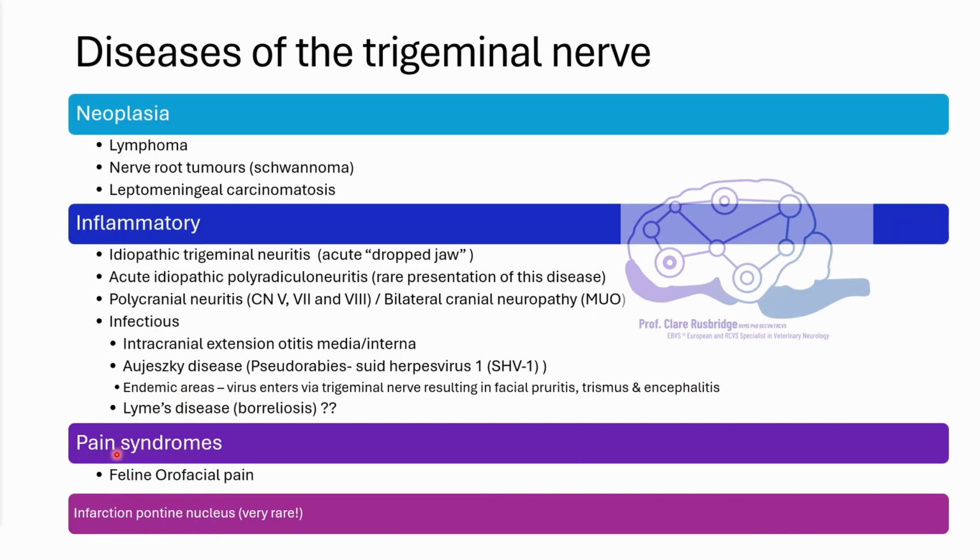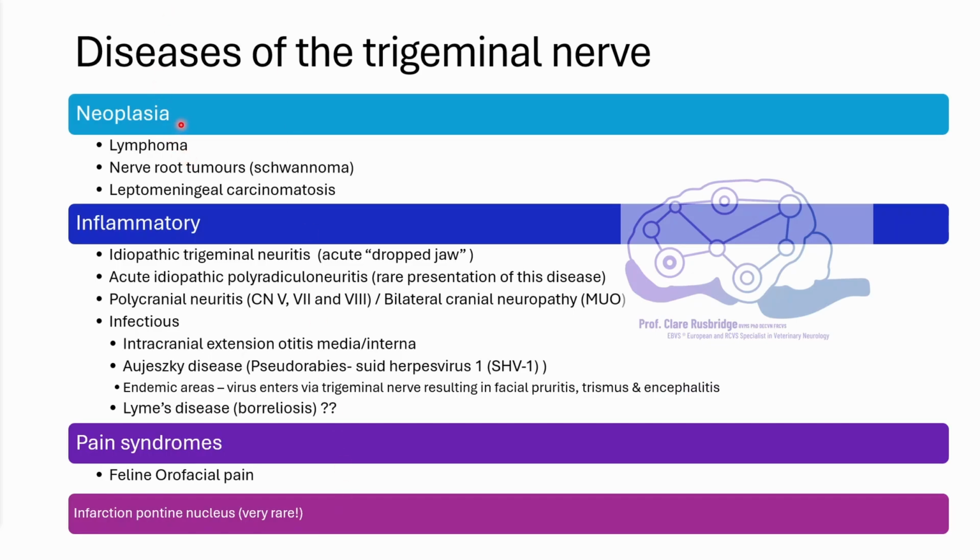Most importantly, feline orofacial pain syndrome is thought to be mediated through the trigeminal nerve, and very, very rarely you can see infarction of the pontine nucleus of the trigeminal nerve, and it can be a reason for a peracute unilateral trigeminal problem.